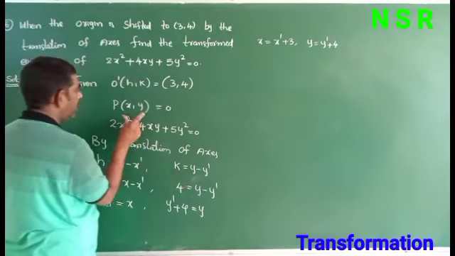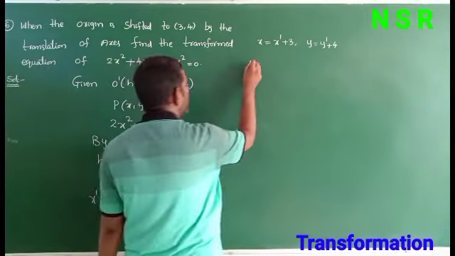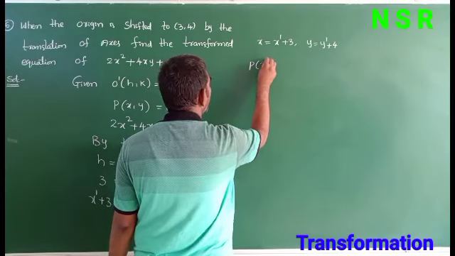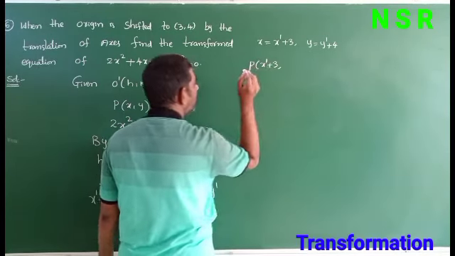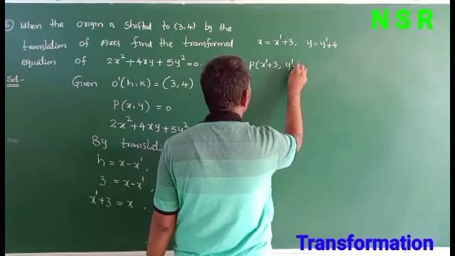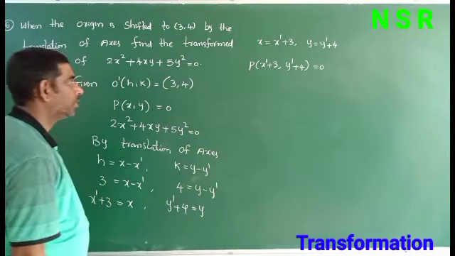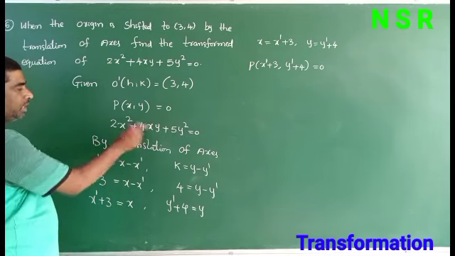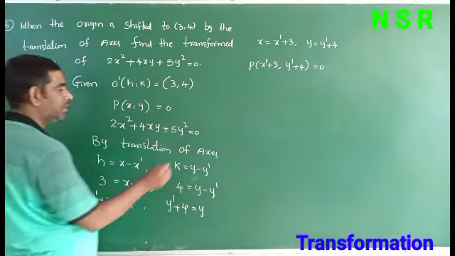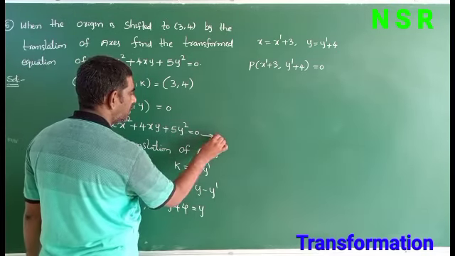So, now P becomes P(x dash plus 3, y dash plus 4) equal to 0. Now, this equation, take it as equation 1.